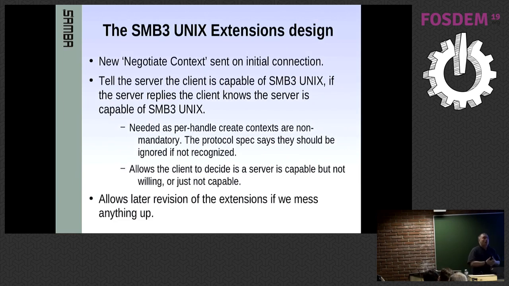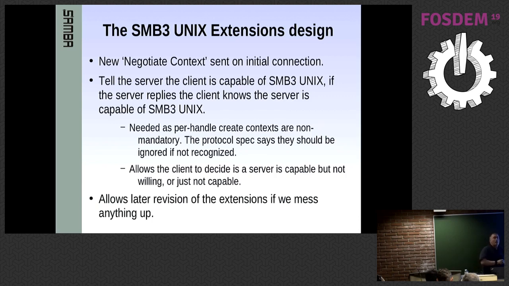So what did we end up with? How should it look? So the nice thing about SMB3 Negotiate is that you have this concept of negotiate contexts, which are basically arbitrary little pieces of data you can attach to the first packet. So we added a new one.